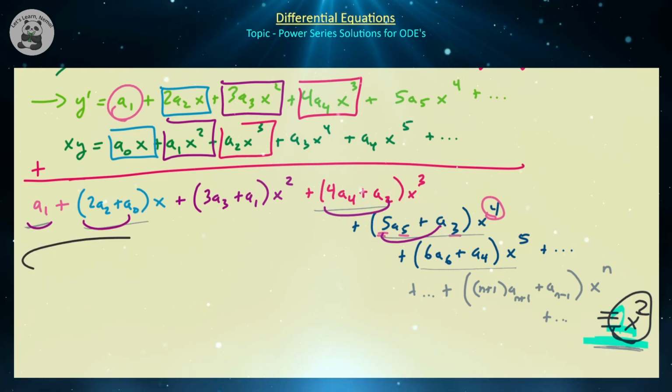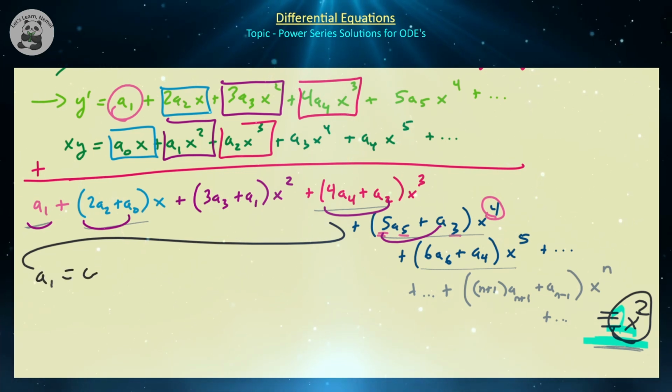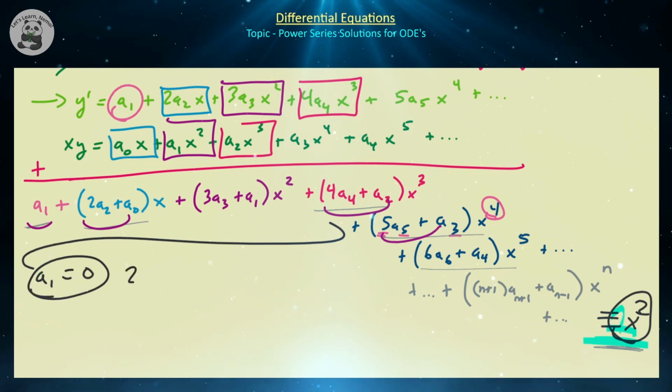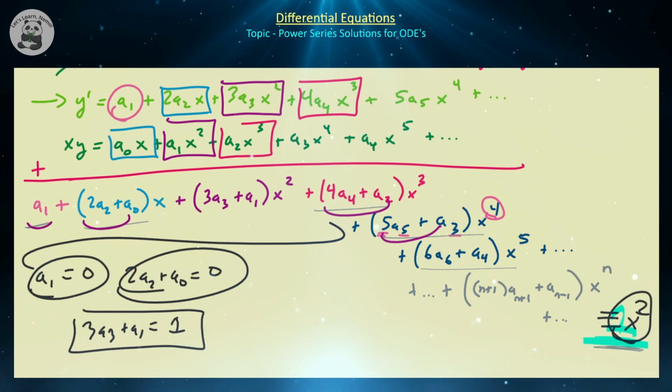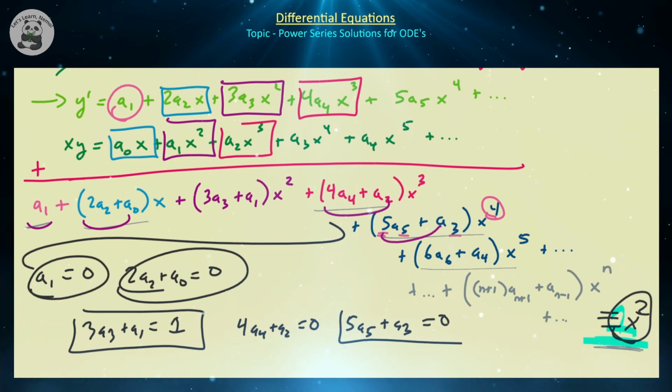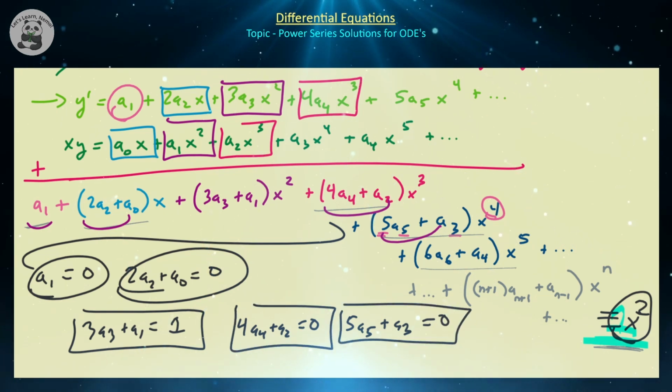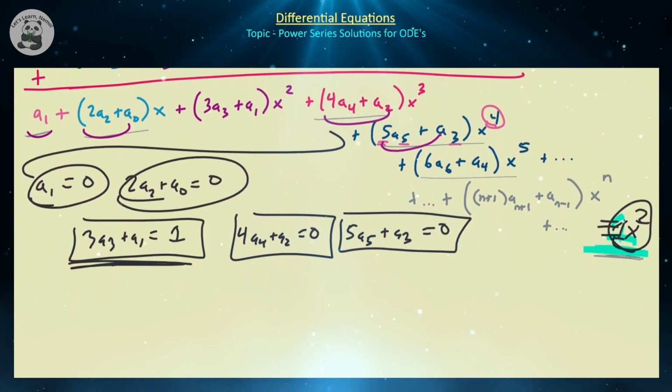If that is the case, then a1 is going to be equal to 0. 2a2 plus a0 is going to be equal to 0. 3a3 plus a1, that's the only special one, is going to be equal to 1. And 4a4 plus a2 will be equal to 0. 5a5 plus a3 will be equal to 0. And all other terms are going to be equal to 0, except for the quadratic term, because we have 1x squared on the right-hand side of our differential equation.